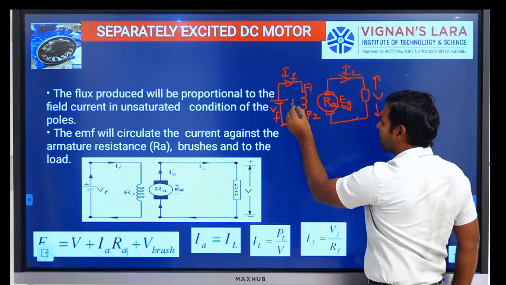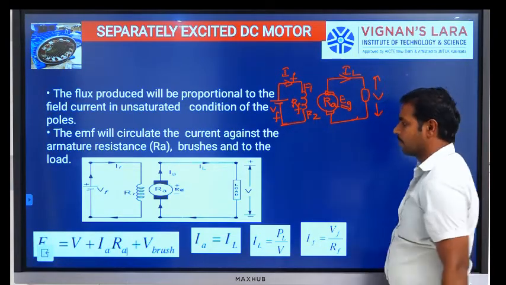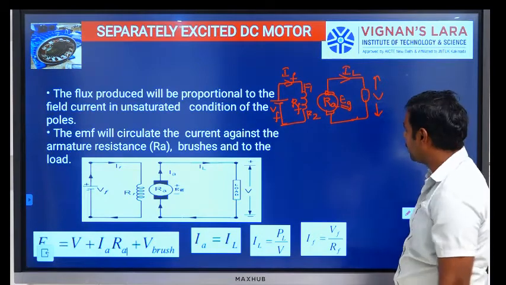The resistance of the field winding is Rf.